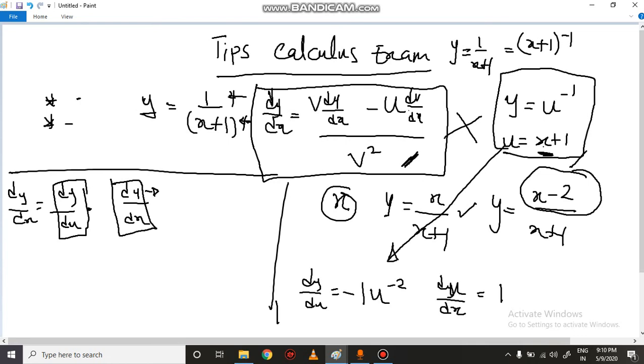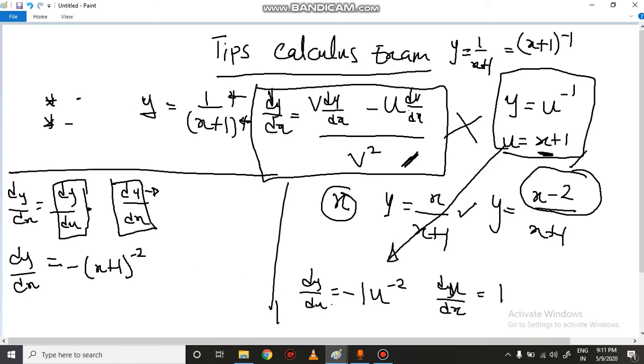So we just substitute them into the formula. We get dy over dx equals minus 1. So I just bring my u. What's my u? My u is x plus 1 to the power negative 2.